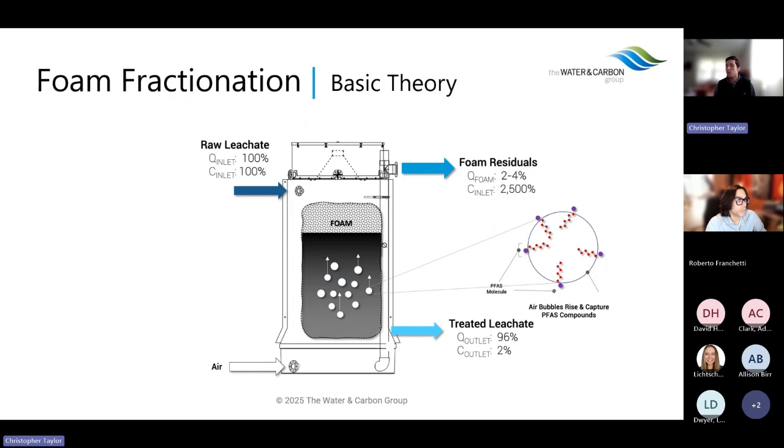If you consider the interaction of a PFAS compound on, let's say, a bubble, the hydrophilic head is attracted to the liquid phase. The hydrophobic tail, that carbon-fluorine bond that I mentioned, the big part of the problem, is attracted to the gaseous phase. So it's an amphiphilic particle. It has both hydrophilic and hydrophobic qualities.